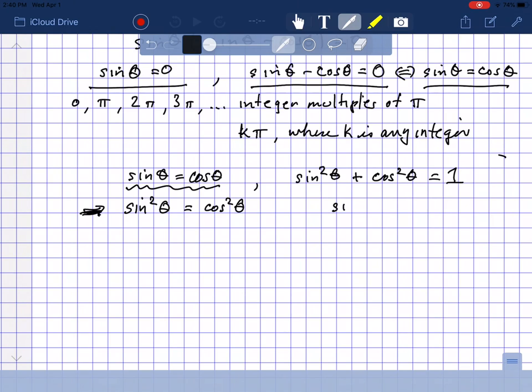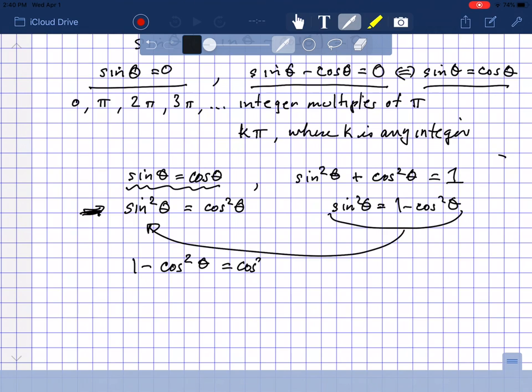So here's what I'm going to do. I know that the sine squared of theta is equal to 1 minus the cosine squared of theta. So I'm going to use this. I'm going to replace the sine squared over here with 1 minus the cosine squared of theta. And this is equal to the cosine squared of theta.